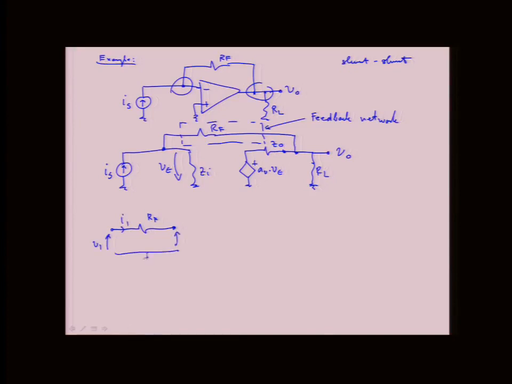Let's say this is grounded. Okay, so we want to represent this as something like this: Y11 feedback, and then we have Y12 feedback times V2.